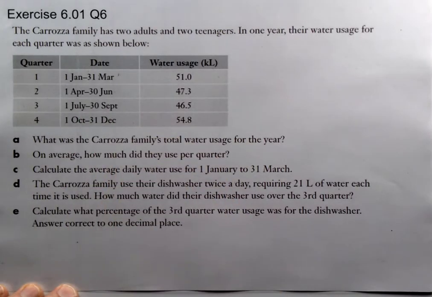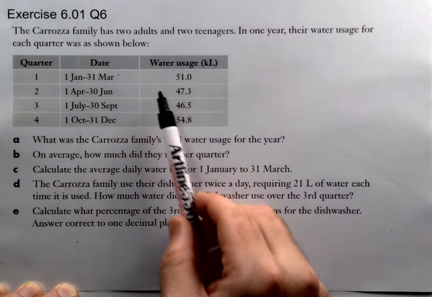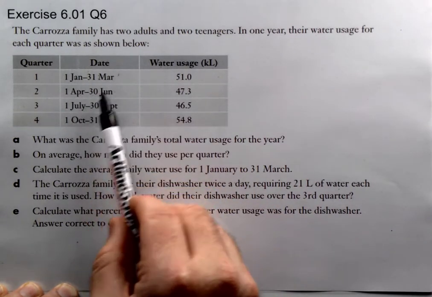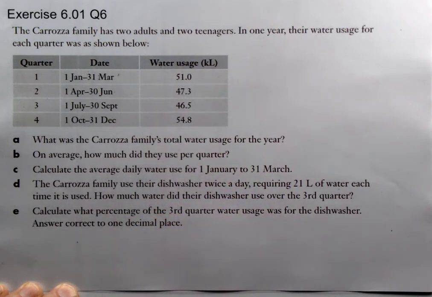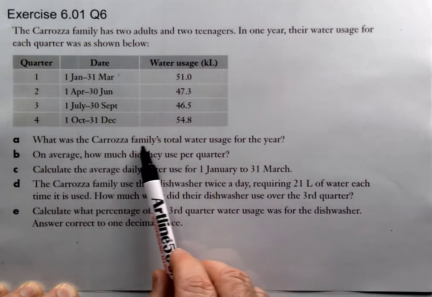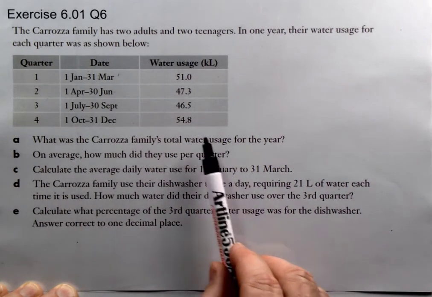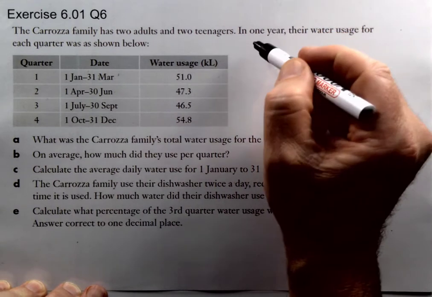The Crozza family has 2 adults and 2 teenagers. In 1 year, their water usage for each quarter is shown below. So here's the first, second, third and fourth quarter and the number of kilolitres they've used. Part A, what was the Crozza family's total water usage for the year? We're just going to add those numbers up.